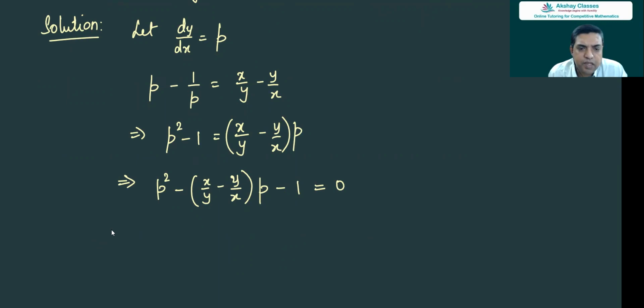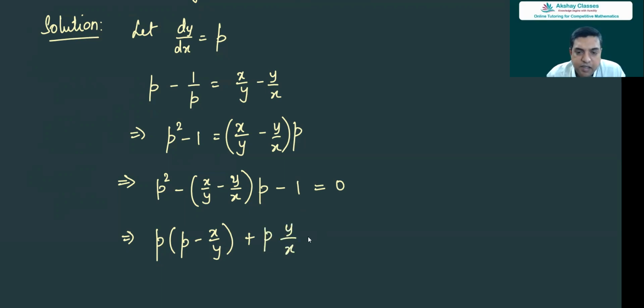So now can this be written in a form? We can simplify this. We can write p times p minus x by y plus y by x times p minus x by y, where the last term is x by y into y by x.